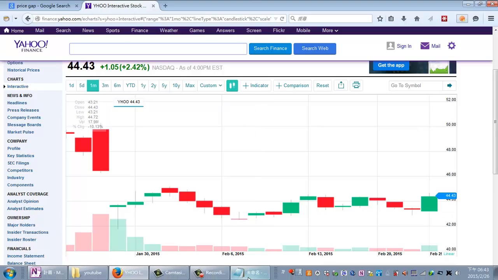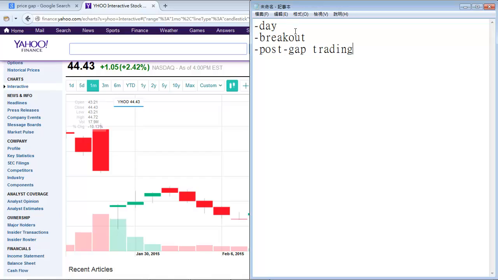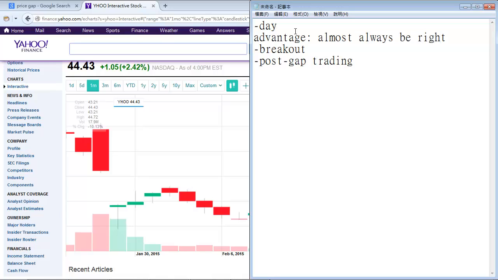The advantages and disadvantages of day trading gaps are pretty simple. I don't really day trade gaps because I don't have that kind of capital to pour into one stock for a short period of time and then take it out later. The advantage is this. You can almost always be right, like 99% of the time, on your bet.